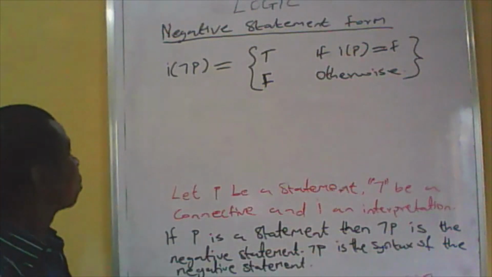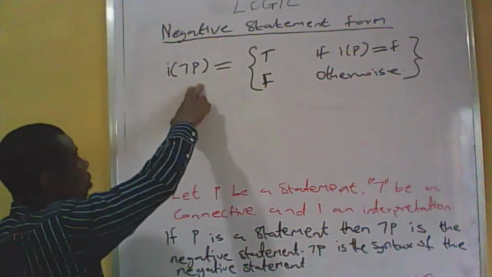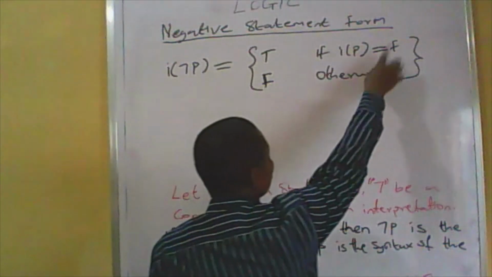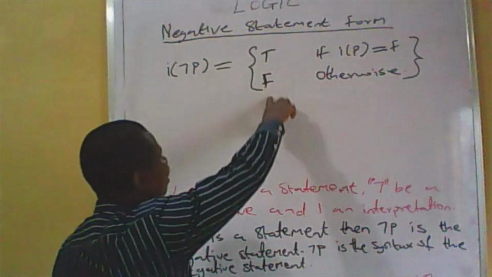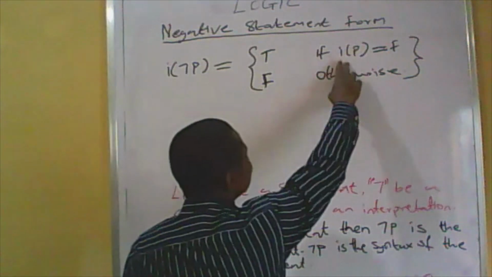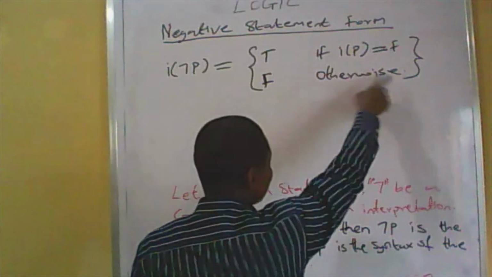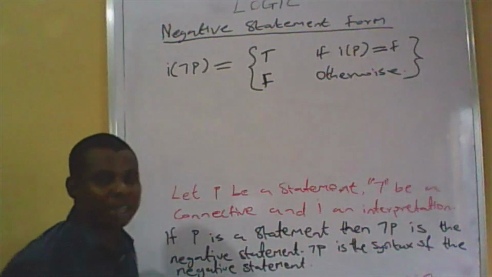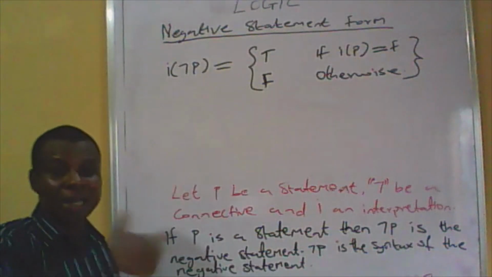That means when I assigns not P to truth, it means that I assigns P to F. Otherwise, that means I assigns P to T, and it means that I assigns not P to F. That was meant by semantics. So we can know negative statement through its semantics and its syntax.